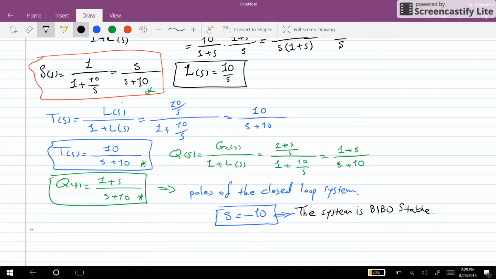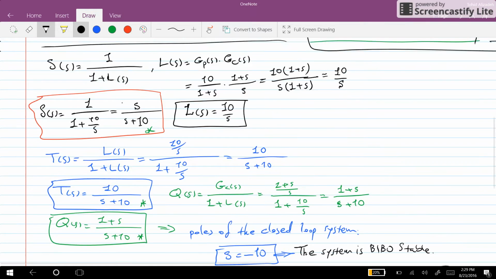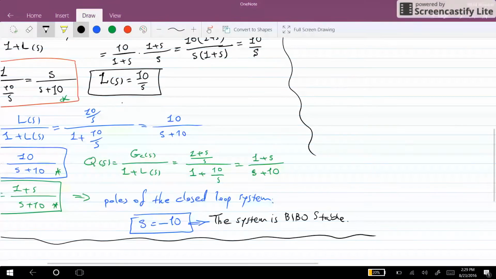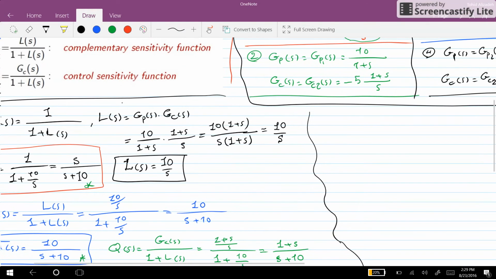So this is for the first case. Now we need to do the same thing for case number 2, 3, and 4. I will do it here. So this is for case 1.